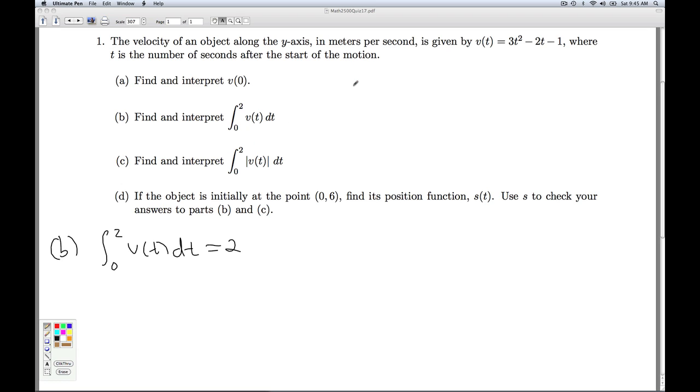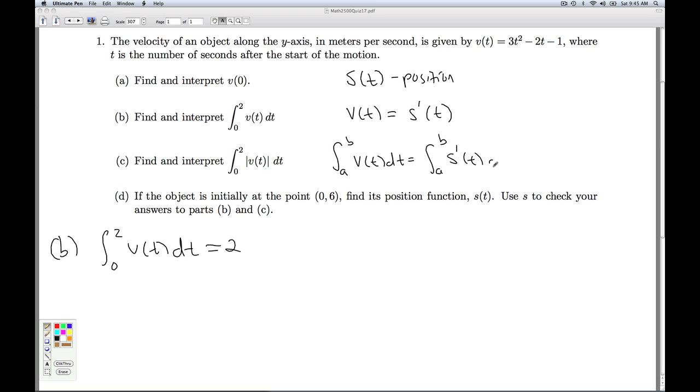Well, remember back to the whole setup here. If s of t denotes the position at time t, I get the velocity by taking the derivative of the position. And so when I integrate from a to b v of t dt, I'm integrating from a to b the derivative of the position function. Now, using the fundamental theorem of calculus, I can pick any antiderivative I want for this.